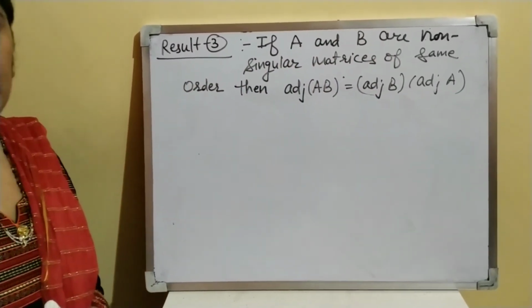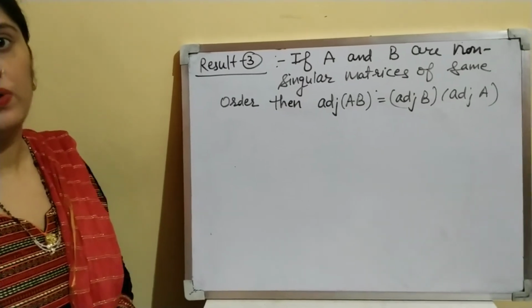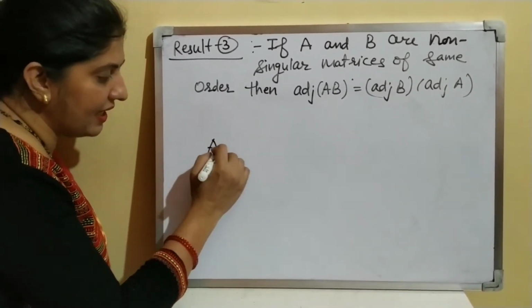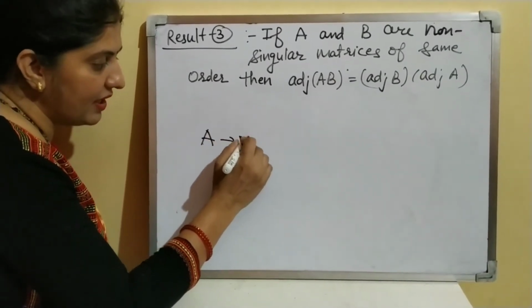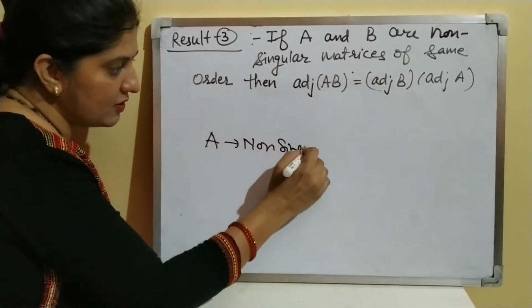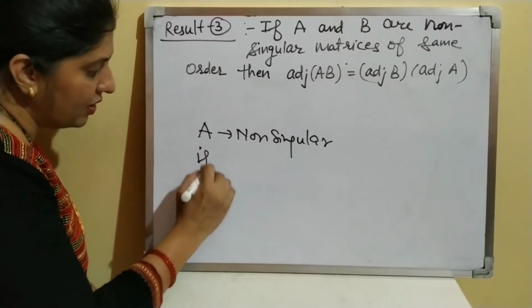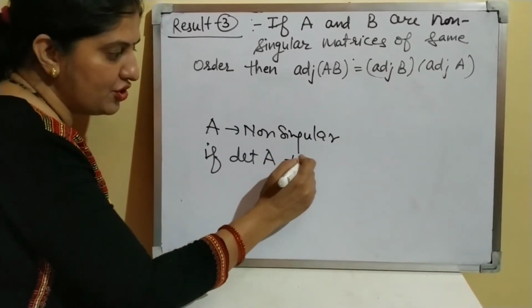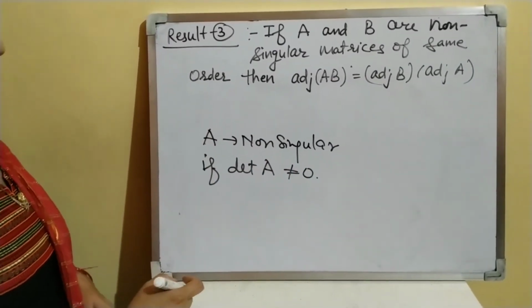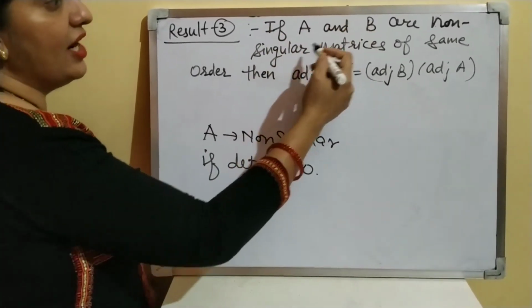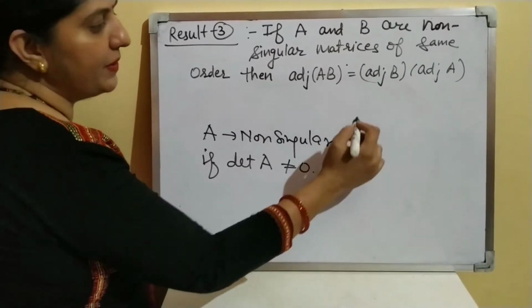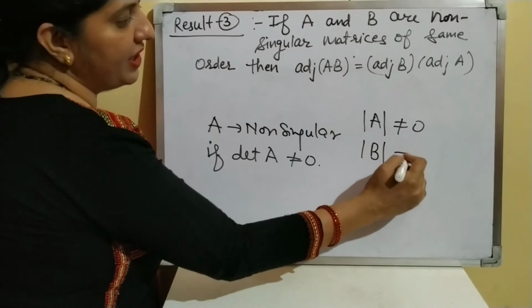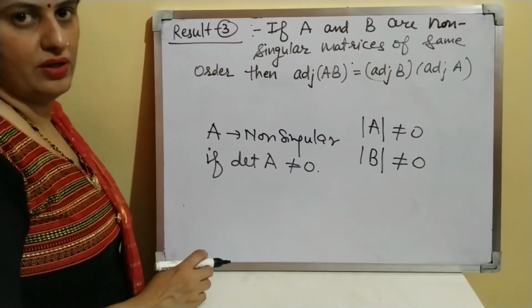We have already studied non-singular matrices. Any square matrix A is non-singular if the determinant of that matrix is non-zero. Here A and B are non-singular matrices. It means determinant of A is non-zero and determinant of B is also non-zero here.